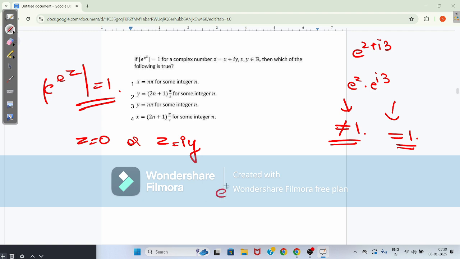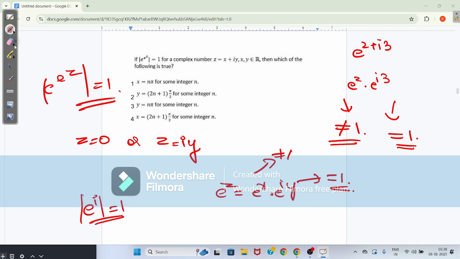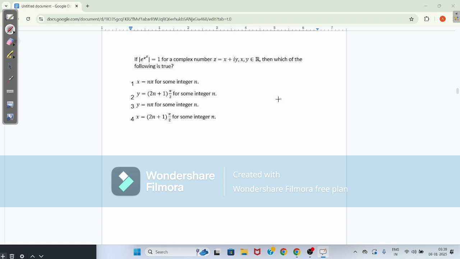Now consider e power z is equal to e power x into e power iy. So the value of the x term is not equal to 1, and the value of the y term is always equal to 1 here. So e power z is equal to e power x into e power iy.